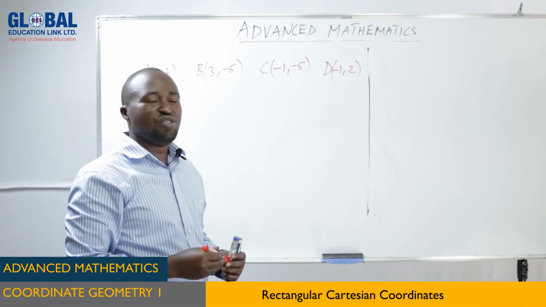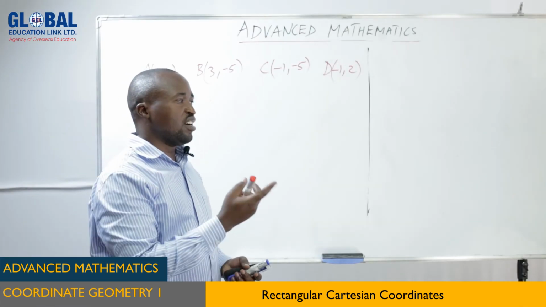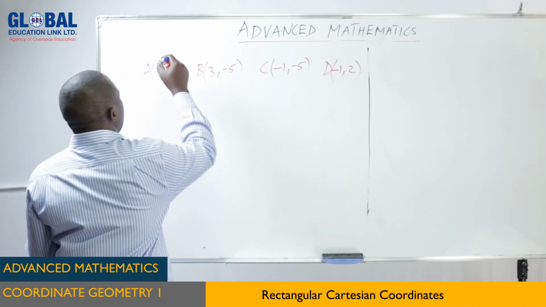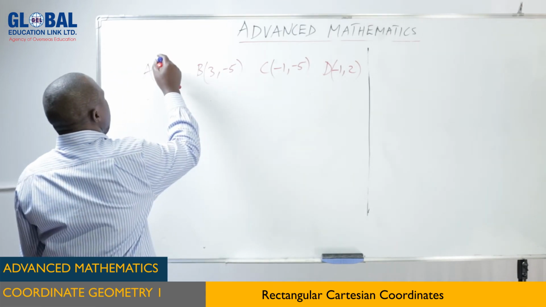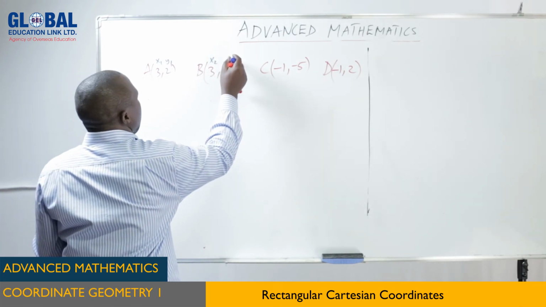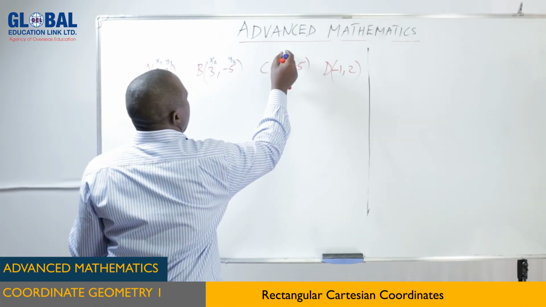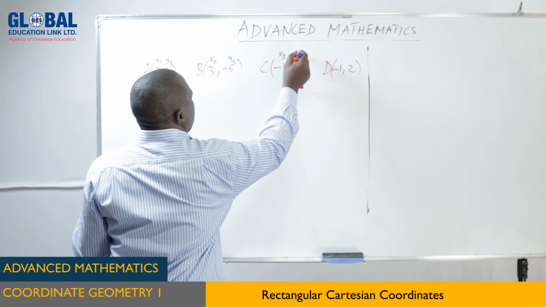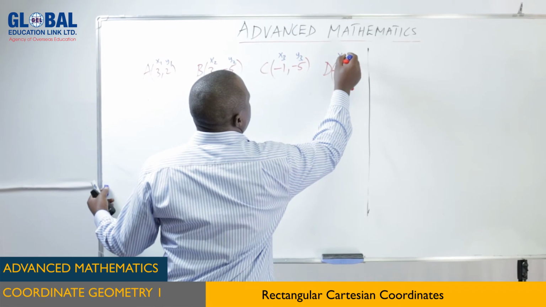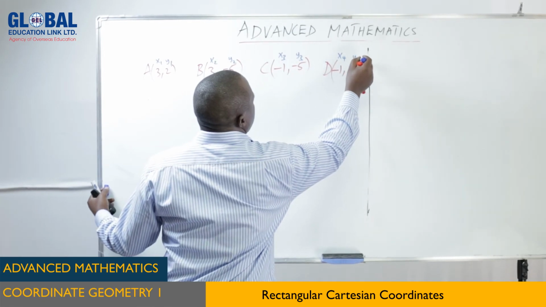Those are the coordinates we have. So of course you can label these coordinates to avoid confusion. So here we have x1, y1, we have x2, y2, we have x3, y3, and we have x4 and y4.